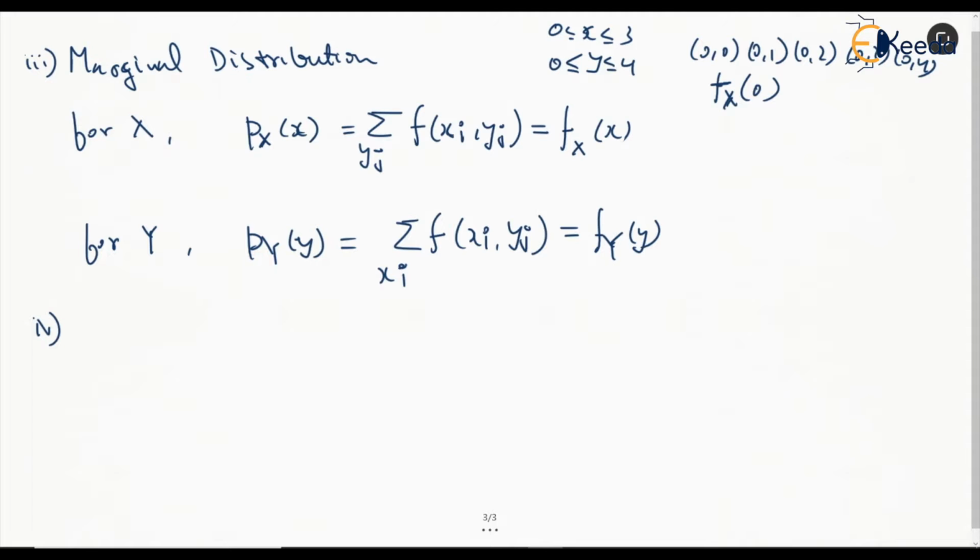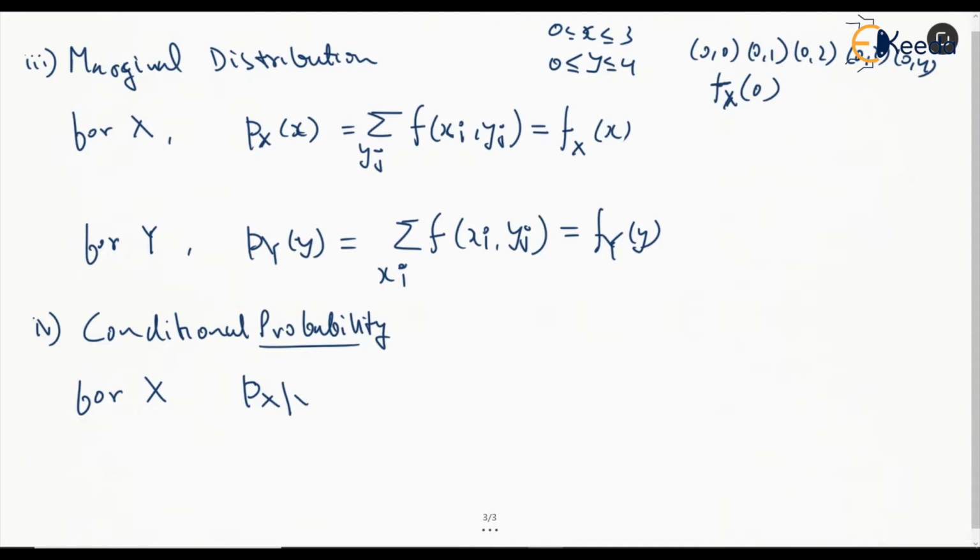Next is conditional probability. In this case, it is even more simple, but you'll have to find the marginal distribution first, only then can you find the conditional probability. Marginal distribution or probability is all the same here. So for x, let's see the probability that x has a certain value given y has a certain value yj.